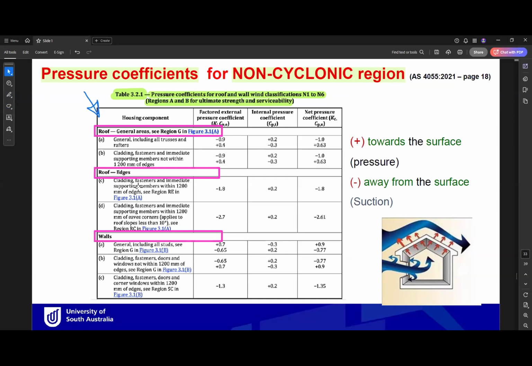So as you can see, we have three types of parameter we are looking for. We have general roof for general areas and roof edges and walls. This is because the wind pressure changes over the roof based on the location on the roof.